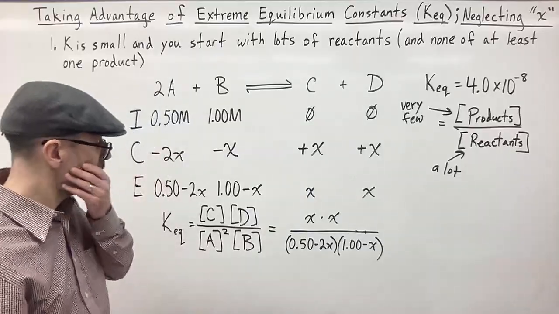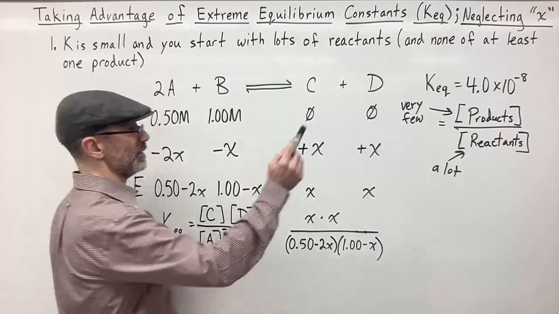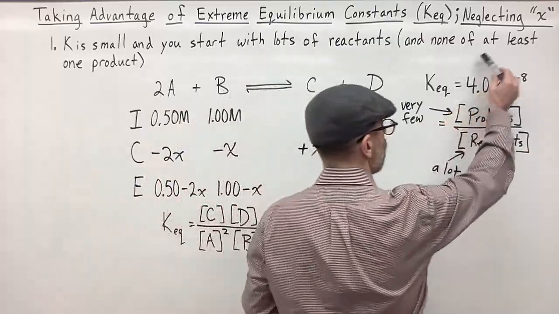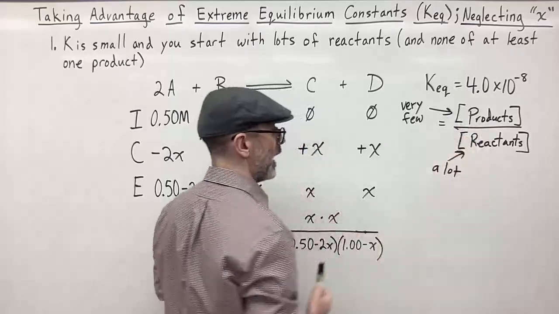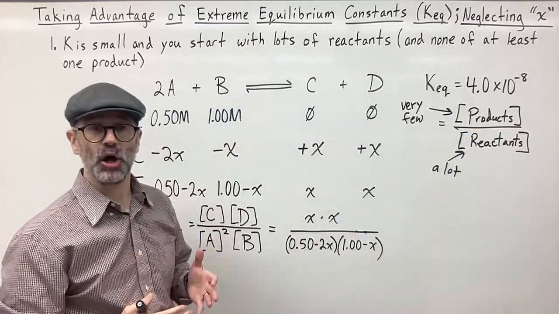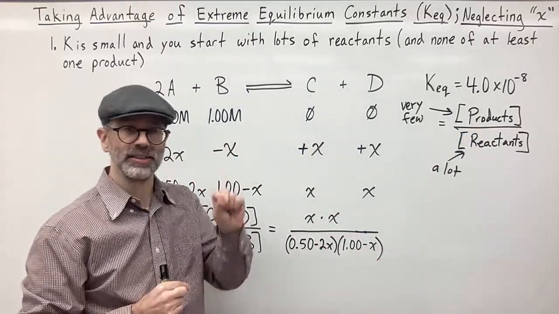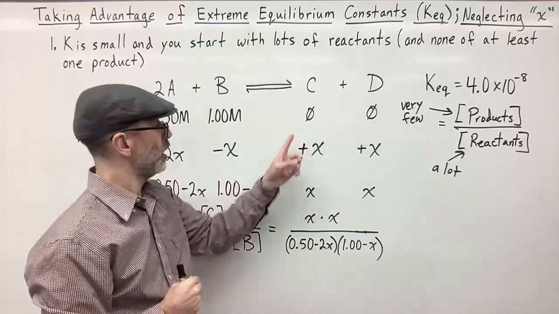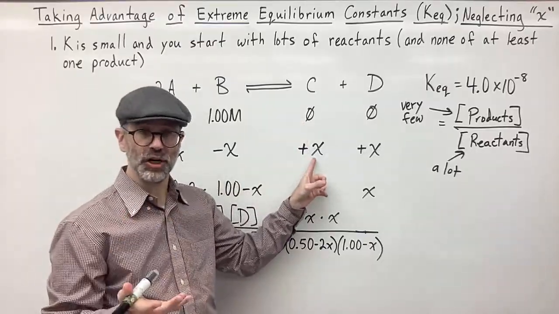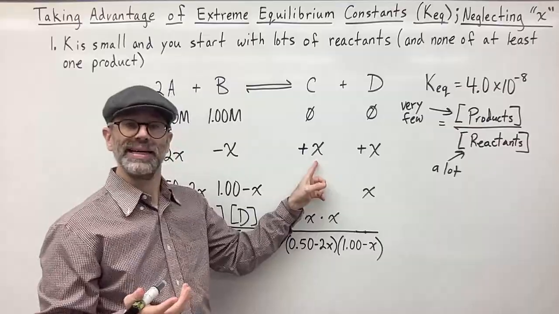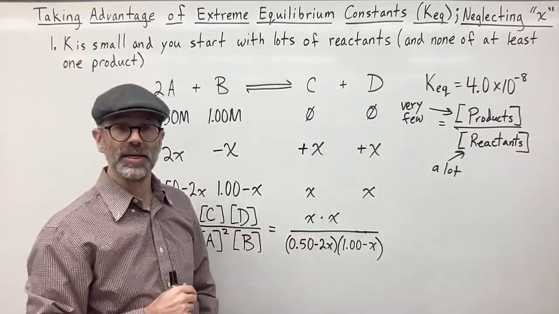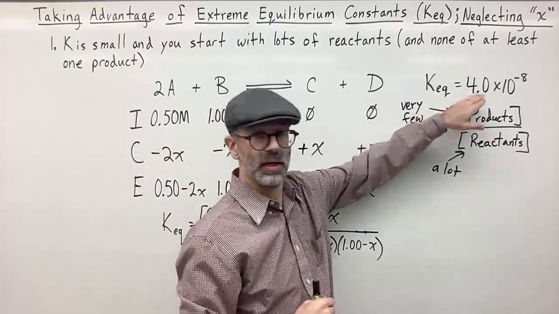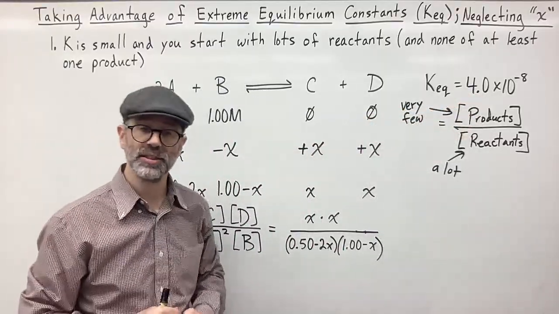So again, going back to the fact that this is a very small number, meaning that the ratio of products to reactants is very small, meaning that very little product is formed. So we start with 0, we gain a certain amount, but that amount is assumed to be really small because of the small equilibrium constant.